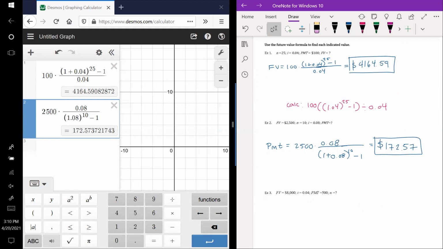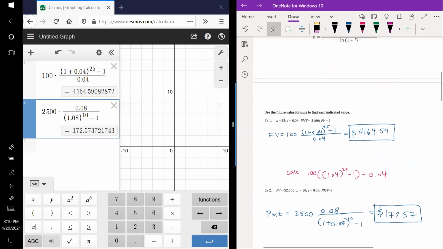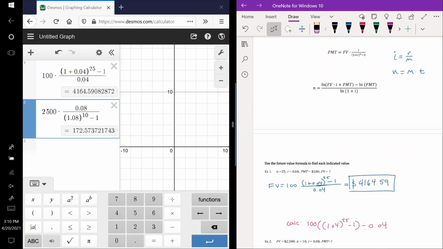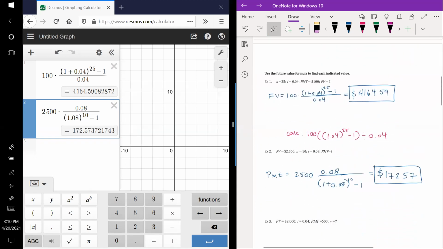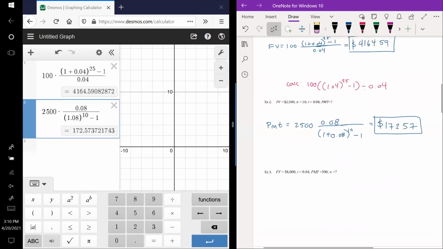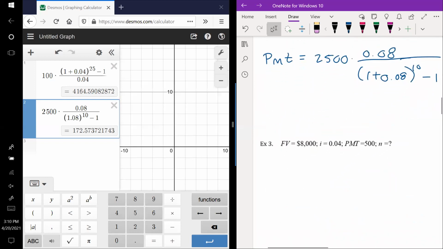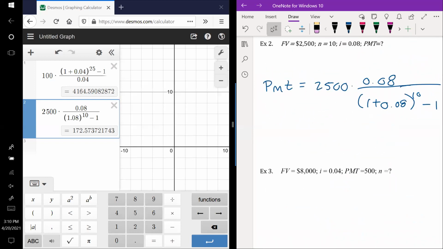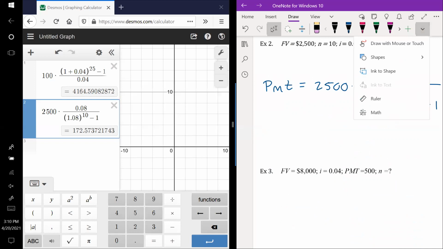And of course, the third example, we are going to solve for N using that third formula above. So example 3 says future value is 8,000, I is 0.04, and payment is 500. What is the value of N?